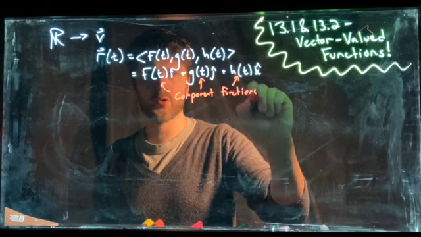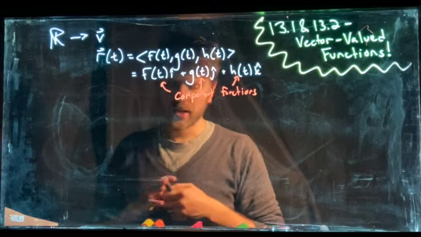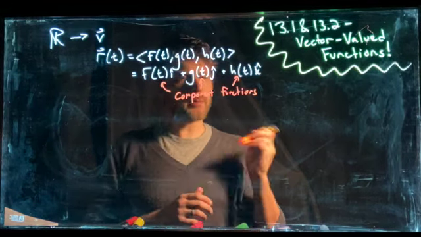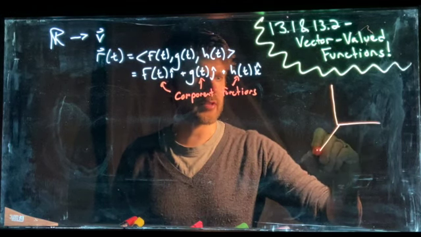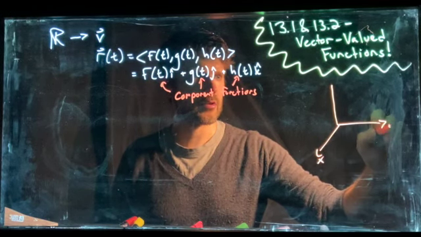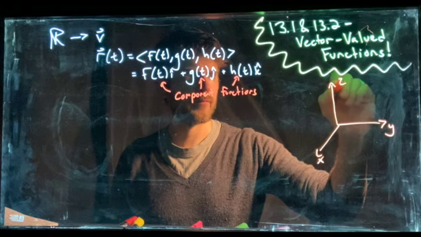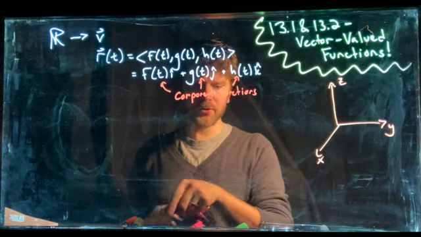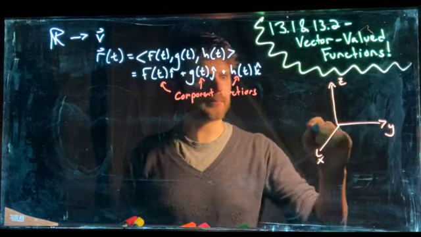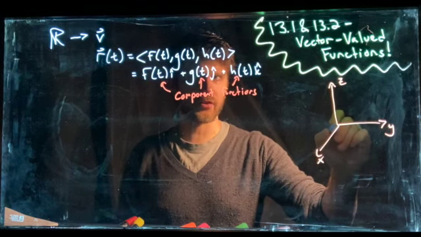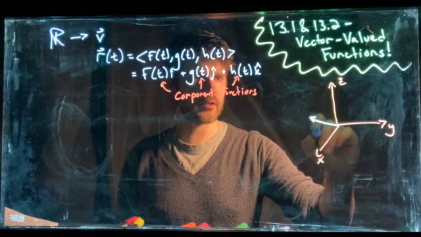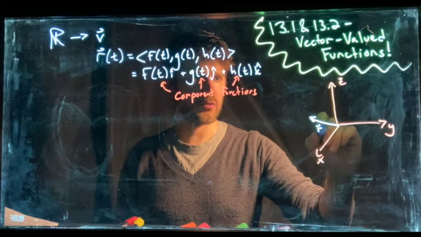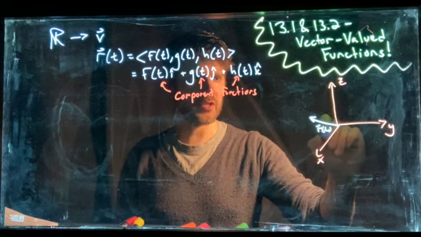And what does a vector valued function like this actually mean? Well, what it means in practice is that if we draw some nice axes here, for some particular value of t, we might have a position vector that looks like r of t1.